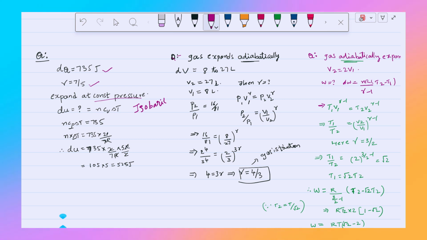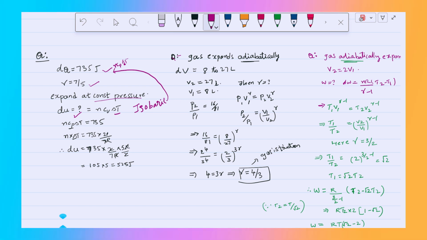So asked to find out dU, means how much is the internal energy? Because already nCP delta T they have given. In isobaric, this dQ is equal to nCP delta T. They have given this, asking to find out dU.